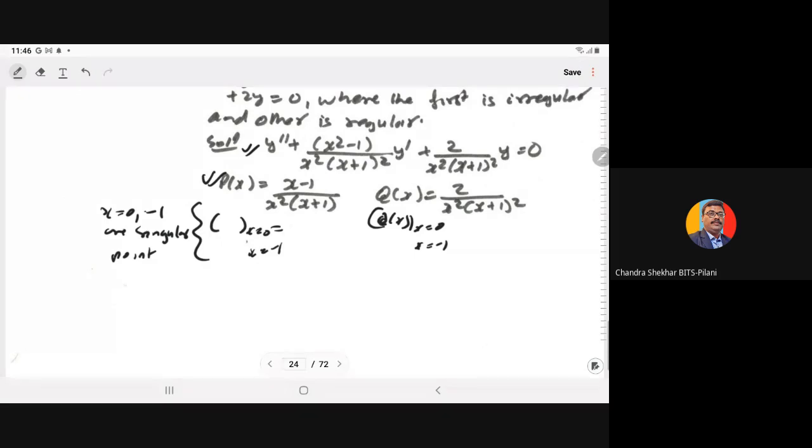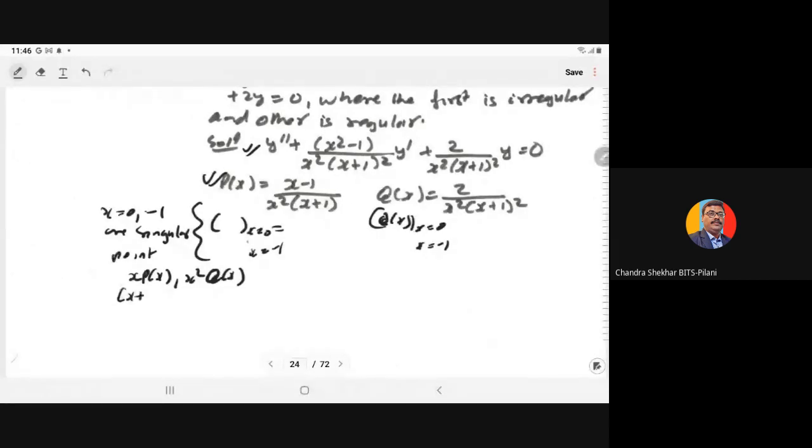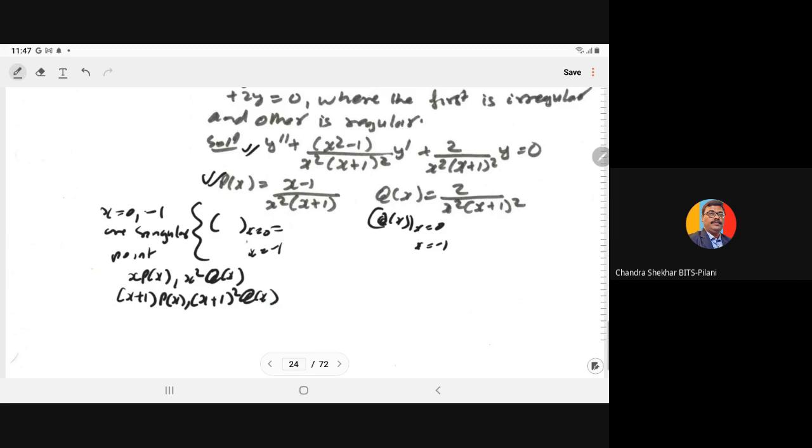When x naught is equal to 0, we take x into p(x) and x square into q(x). For the other, x naught is minus 1, so we take (x plus 1) into p(x) and (x plus 1) whole square into q(x), and we check the value at x is equal to 0 and at x is equal to minus 1. So as you can see, when we compute x into p(x), what will come?